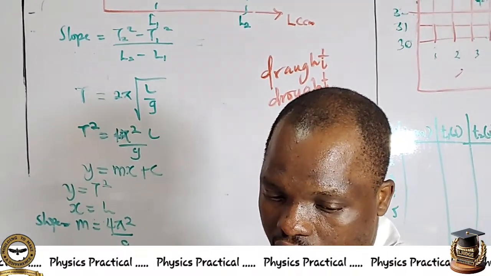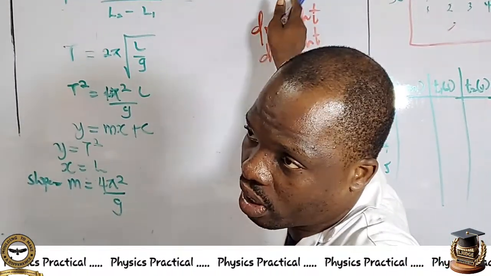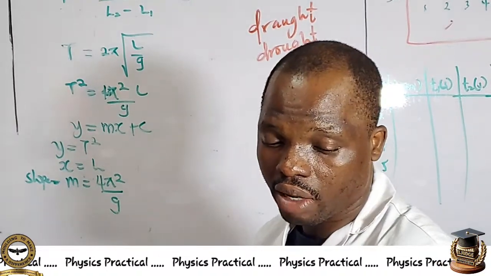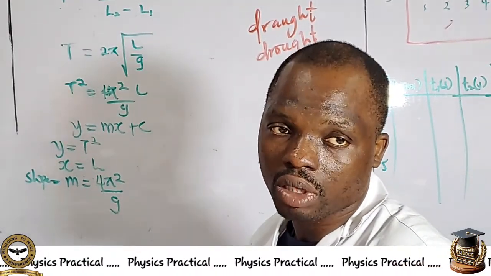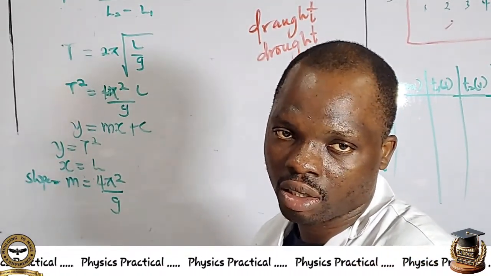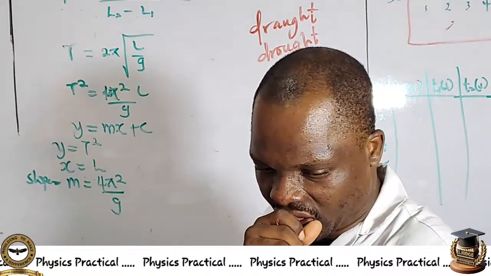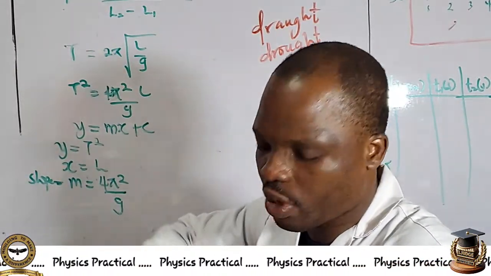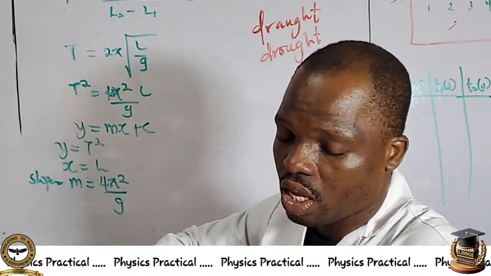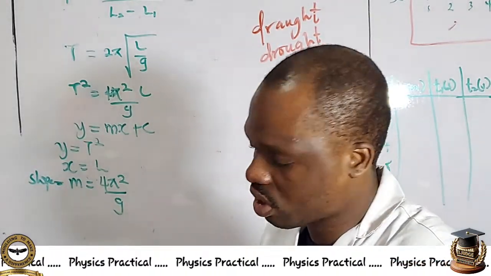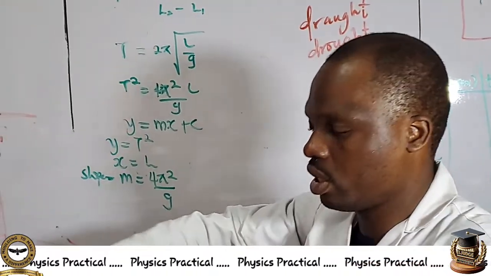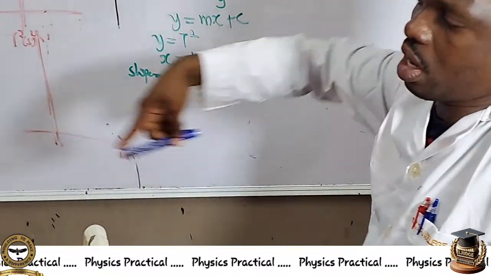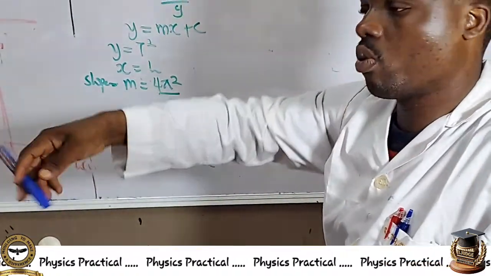So I avoided draughts, or I switched off fans. Then, when you set a pendulum into oscillation, you can say that I avoided conical oscillation. That is, you are not allowing it to move in a circular or conical way.